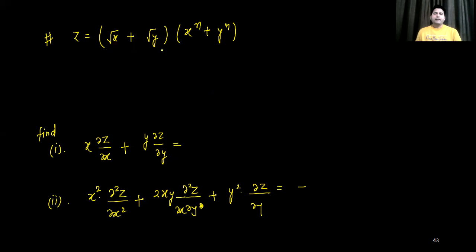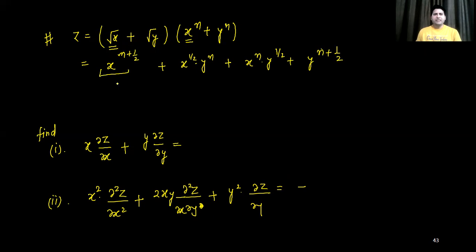Let us see. The first thing is that we need to check whether it is homogeneous or not. So I am going to multiply these two terms. Root x times x power n will be x power n plus 1 upon 2, plus x power half y power n, then x power n y power half, plus y to the power n plus 1 upon 2. The degree of this term is n plus 1 upon 2.